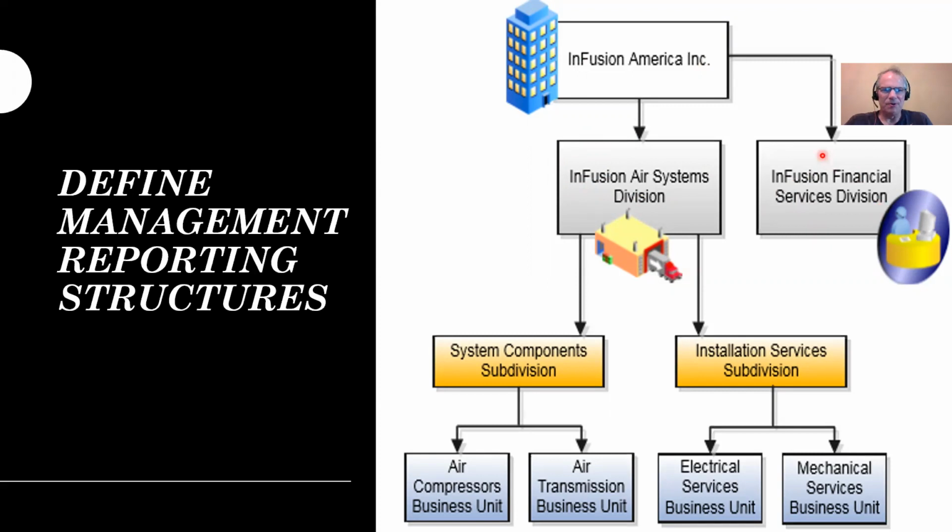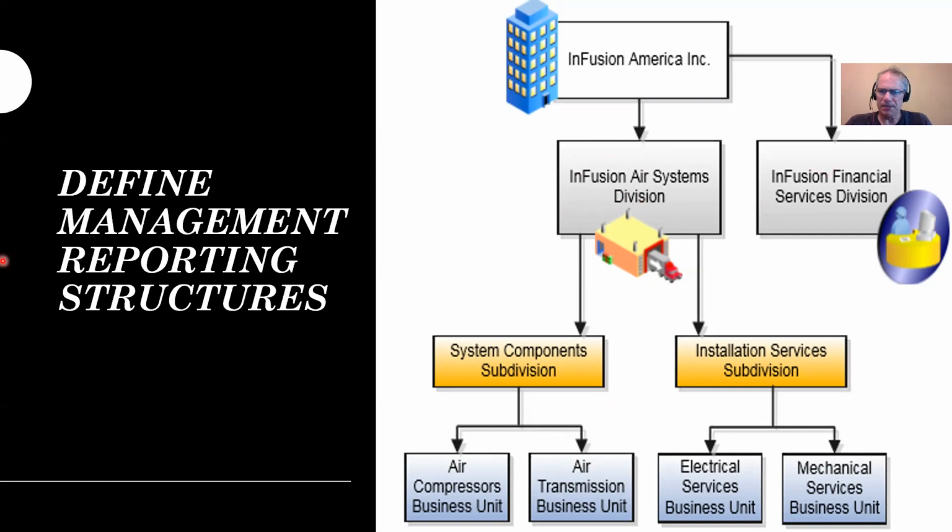By definition, the Financial Services division has very different business processes. It's financials and financing, as opposed to goods and services coming out of the Infusion Air Systems division. This particular air system is air quality monitoring, and this is strictly financial.